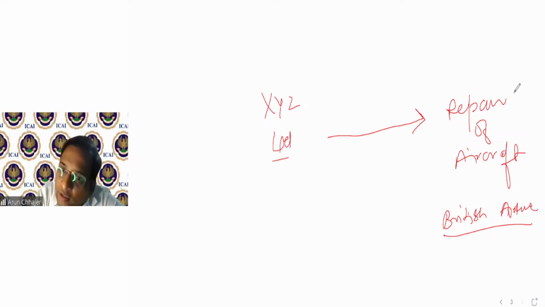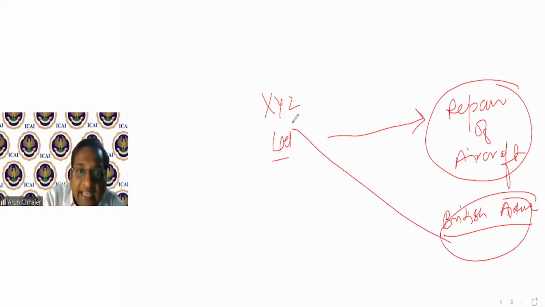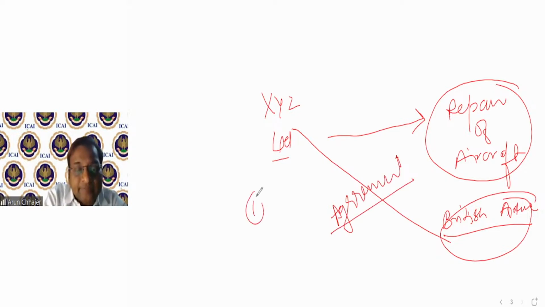So, for the repair of the aeroplanes of British Airlines company, this company has signed an agreement with my organization. In the agreement, it is written that you will provide the repair services.